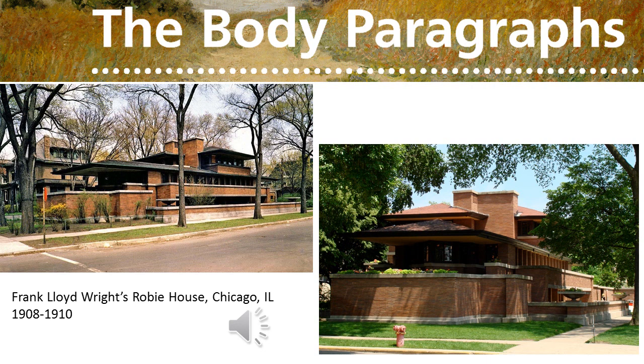In the next slide, we're going to read a paragraph about Frank Lloyd Wright's Prairie House design, and Robie House is one of these fine examples of that particular phase in the architect's career. So it's important, though, the paragraph is not going to have the same effect on you as it would if you saw the house that exemplifies this particular style.